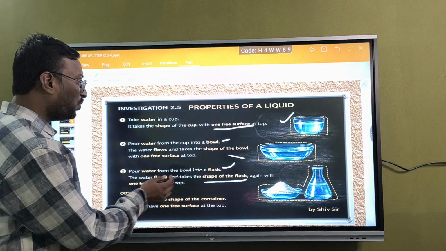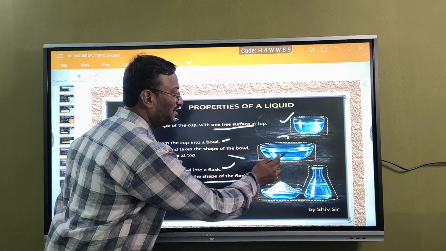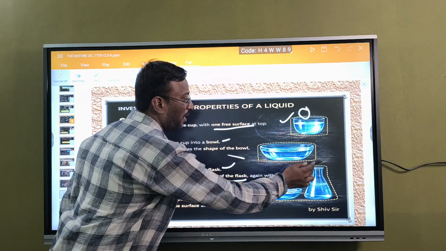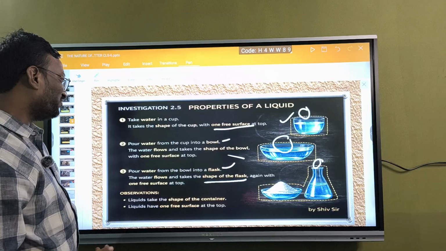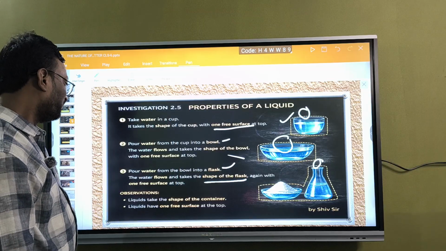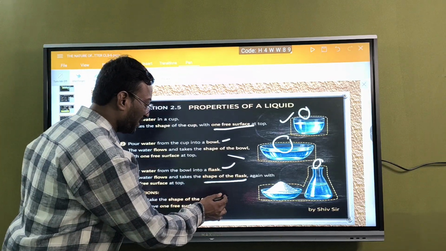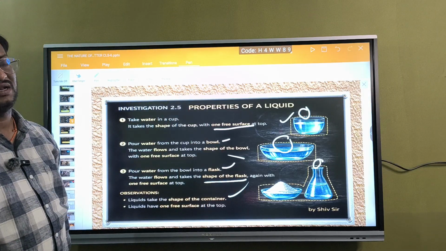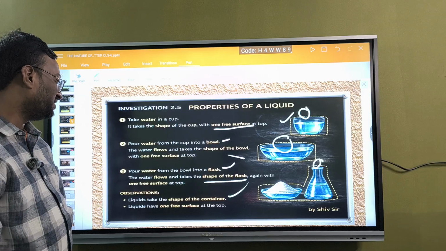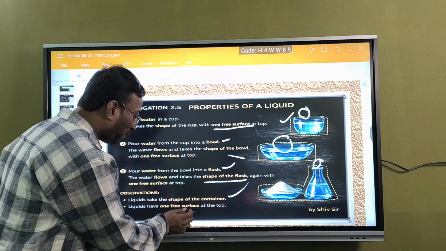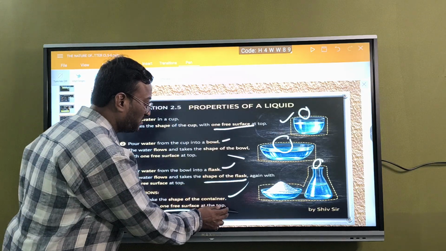So in every case there is one free surface on the top. From this we can observe that a liquid takes the shape of its container. Not only water, any liquid you consider will take the shape of its container. A liquid has one free surface at the top.